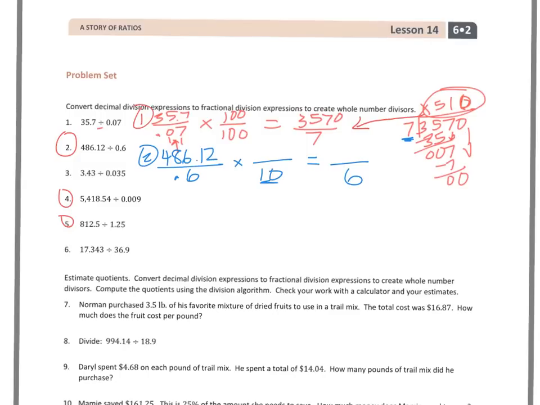I have to multiply by 10 because 10 over 10 is 1, just like 100 over 100 is 1, which means we're not changing the value of the problem, because anything times 1 is itself. So now when I multiply 486 and 12/100 by 10, it's moving one place to the left on the place value chart.